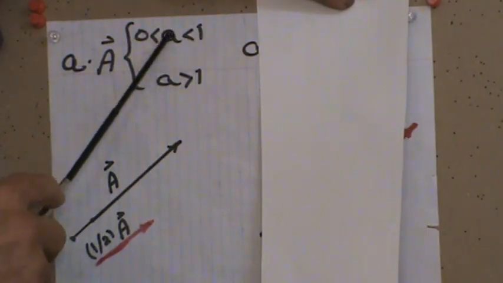A vector is usually shown by an arrowhead. If the scalar is a number between 0 and 1, for example half, the result is the same vector with the same direction, but the magnitude becomes half. As you notice, the length of this red arrow is half of this one. You follow me?